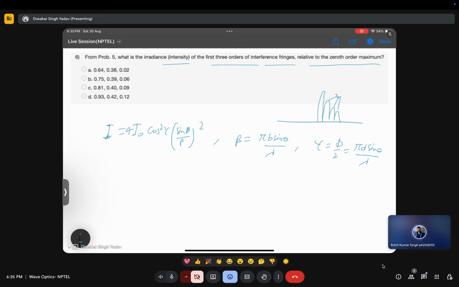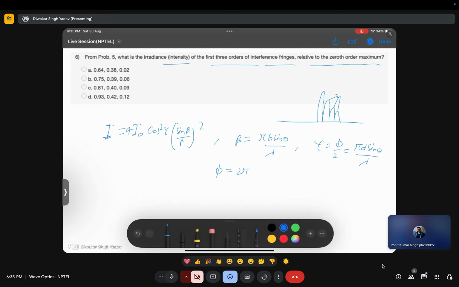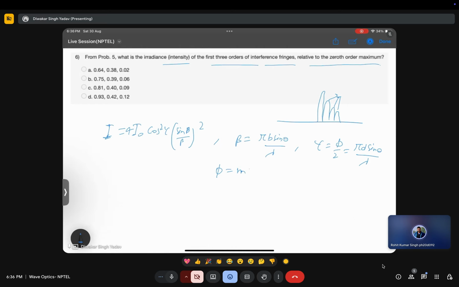At the maxima we have phi equal to m pi.